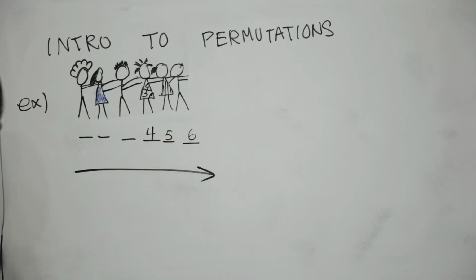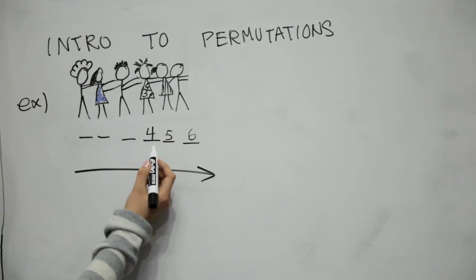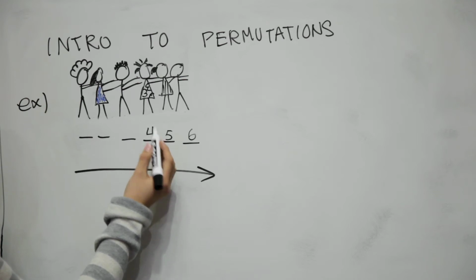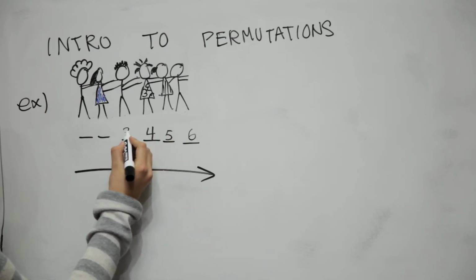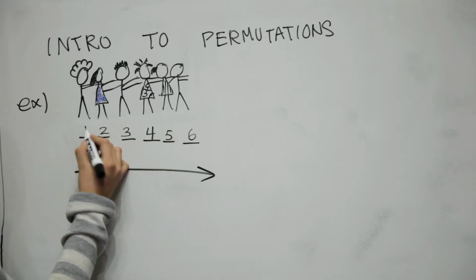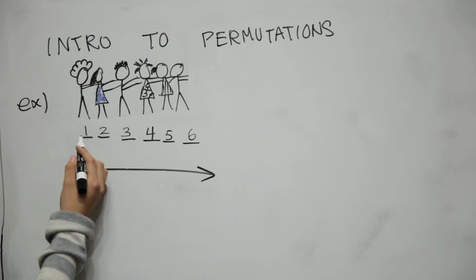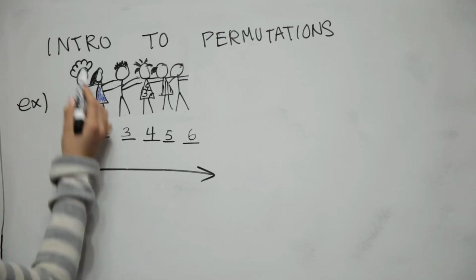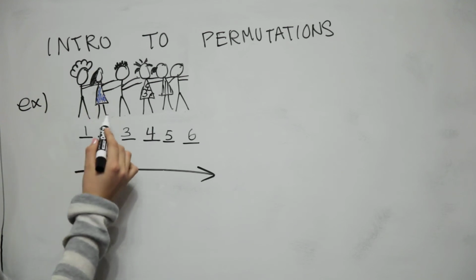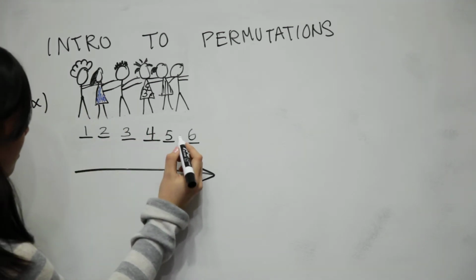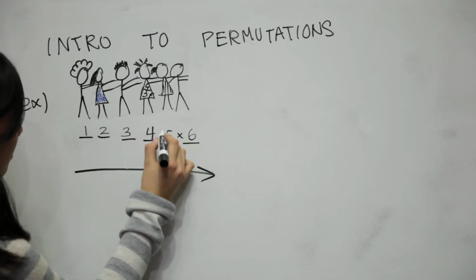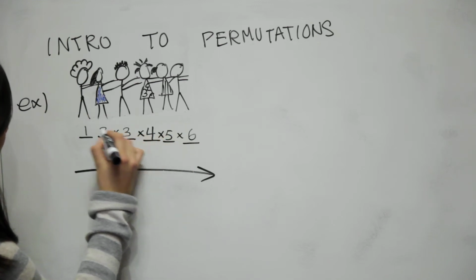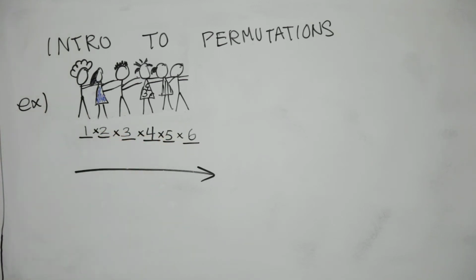With similar reasoning, we have 4 possibilities for the third, and continuing down until the very end we have just one possibility here, and that's the last person who has not been selected yet for the other 5 positions. Using our knowledge of the fundamental counting principle, we multiply these together.